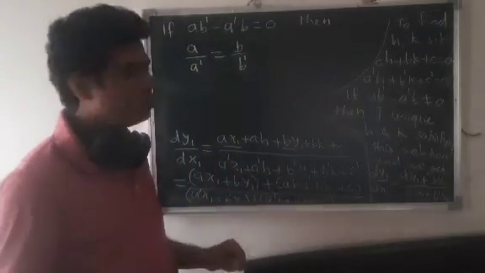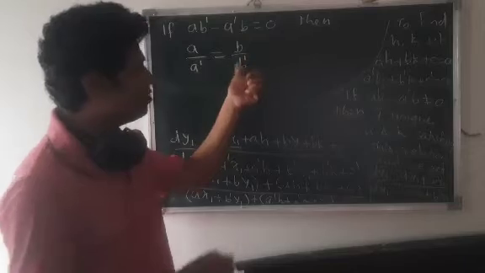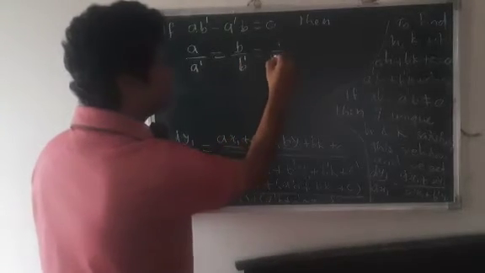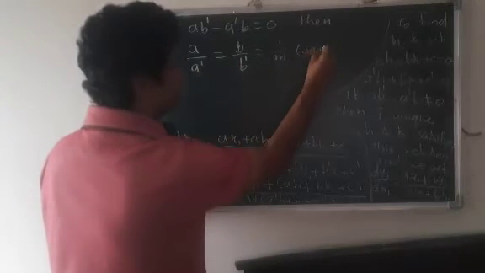Okay, so we call this common value 1 upon m.